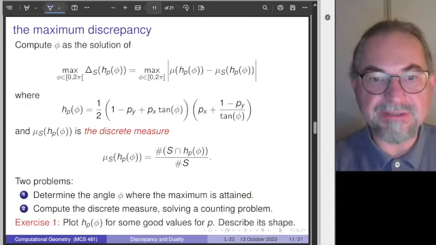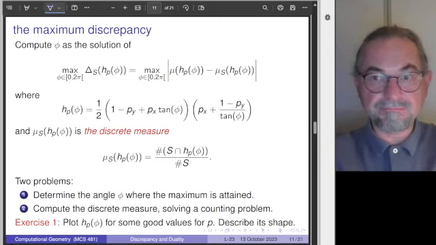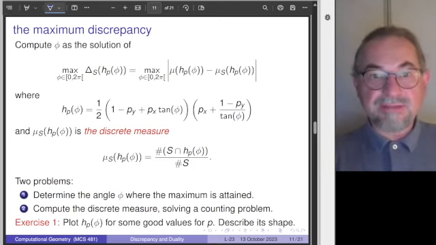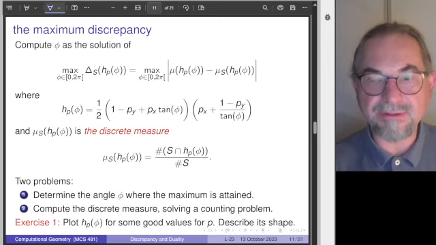First exercise is actually to plot this. So how would you do this? Well, we work with the unit square. Generate 2 points at random and graph the function for some angles. So you can also pick a random angle.